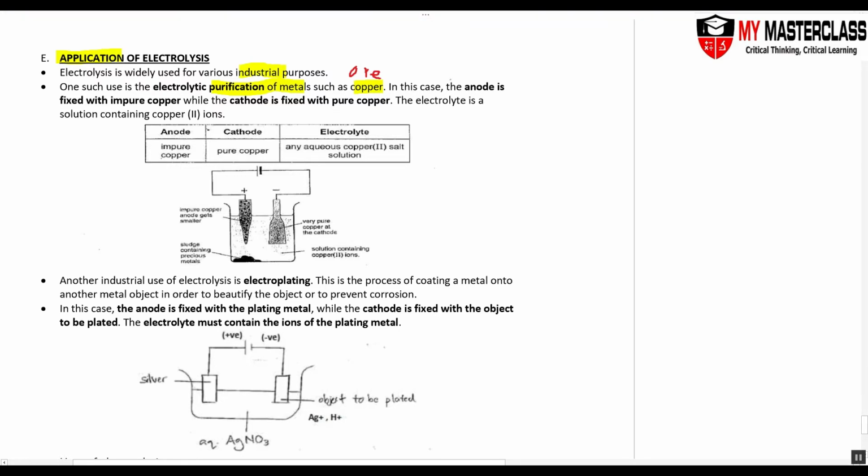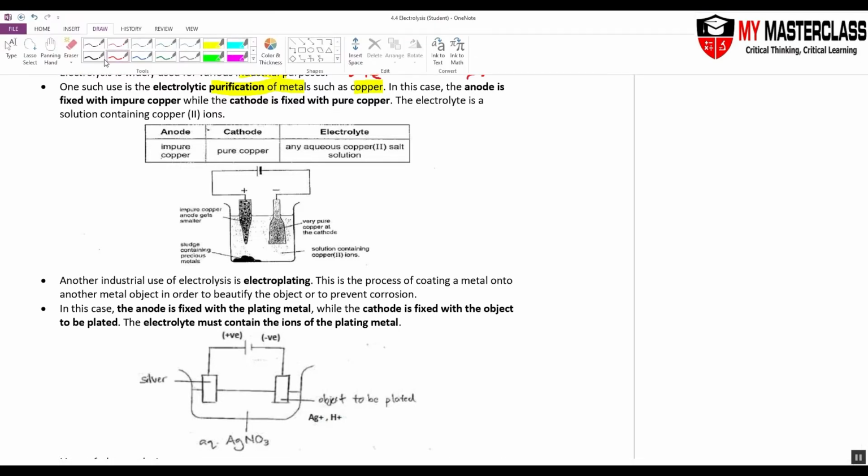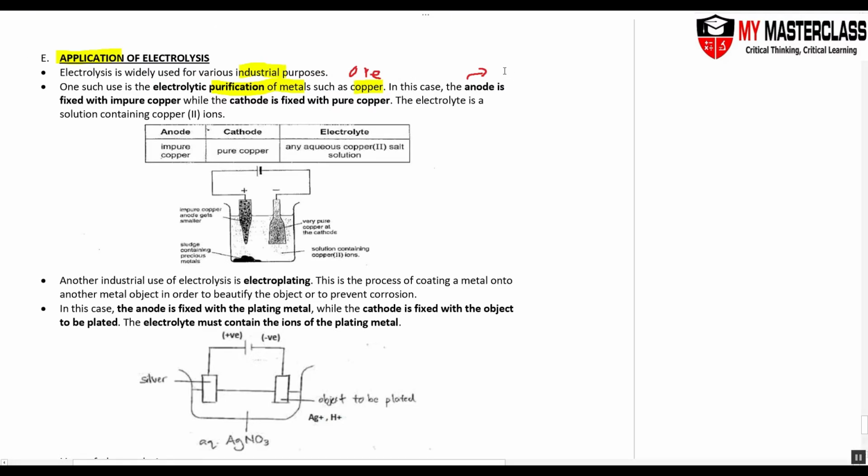Remember, when I have a reactive electrode, the anode will dissolve. Same thing, the oxidation process is still at the anode, because an ox. Oxidation is losing electrons. So the anode will dissolve, and this anode will be fixed with the impure copper. The cathode will be fixed with the pure copper.